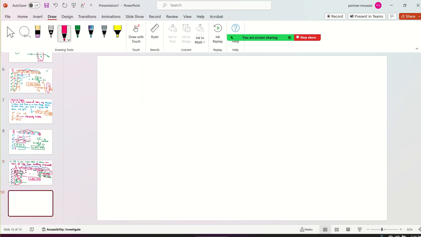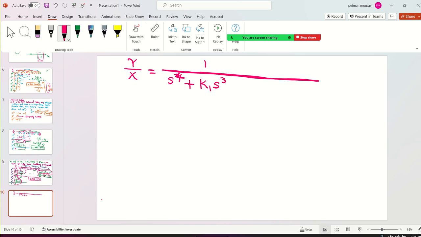But what I'm gonna cover in the next class before the midterm is if your system is this, S4 plus K1S3 plus K2 plus 2S squared plus K3S plus 5.